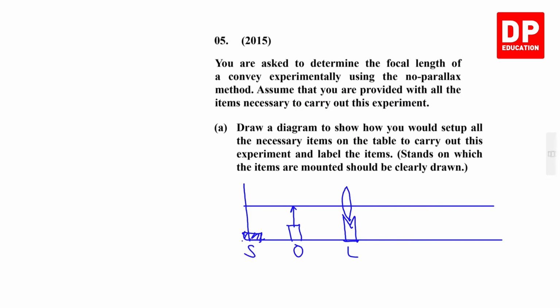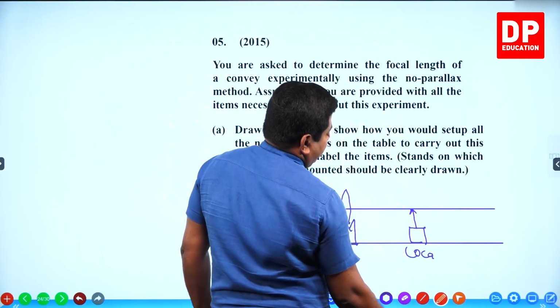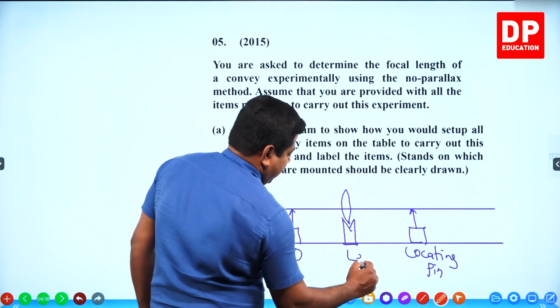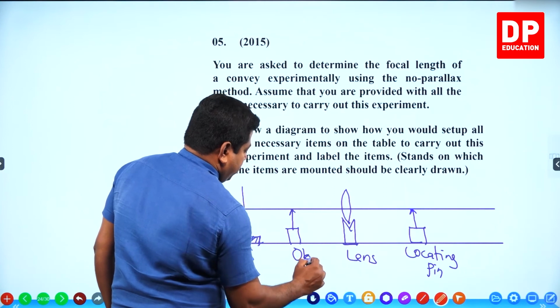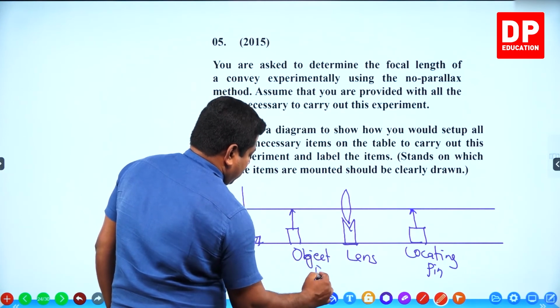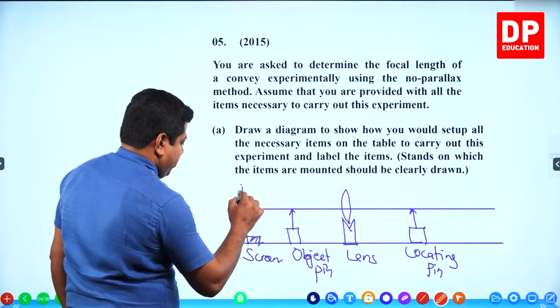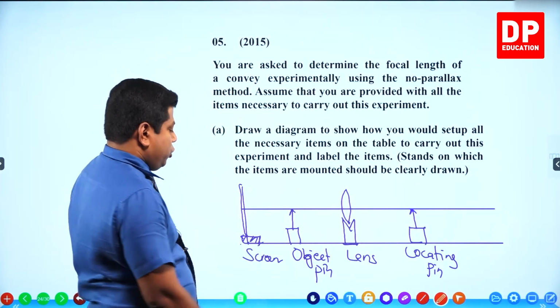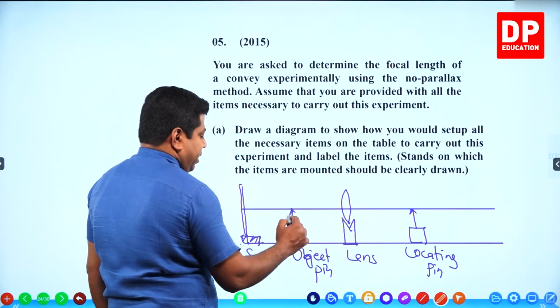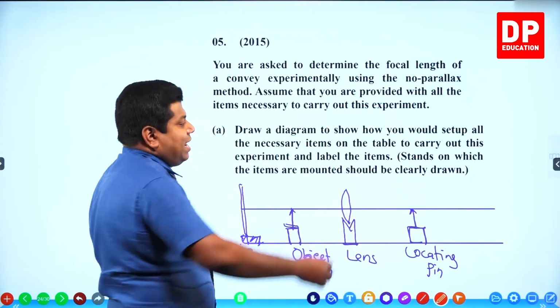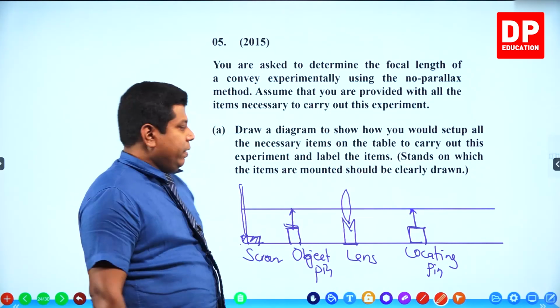You have to keep another pin here. You can call it locating pin. Did they give a name for that? No. Locating pin. Let's name it: lens, object pin, screen. So make sure you show the stand and the pin, stand and the lens, because they asked you to draw with the stand. Next.